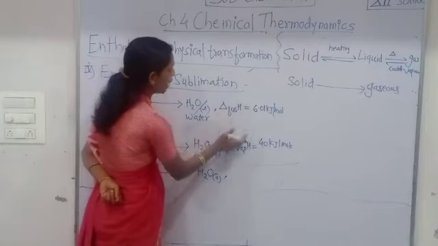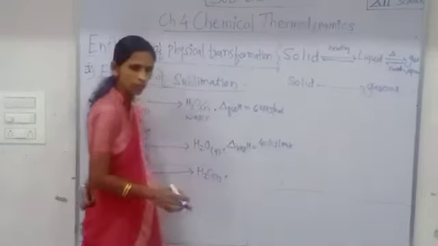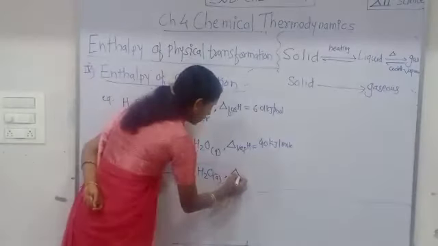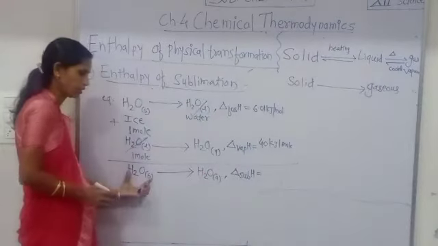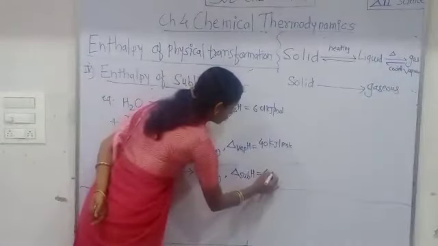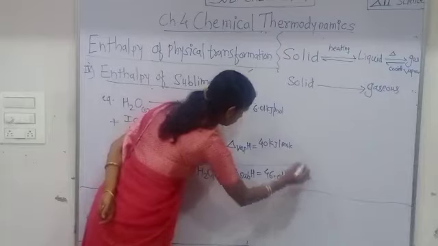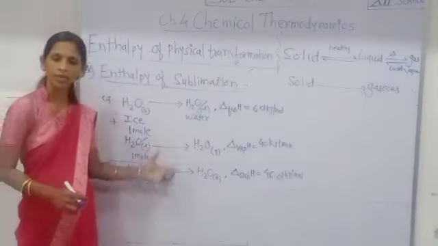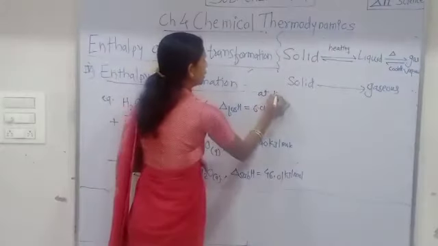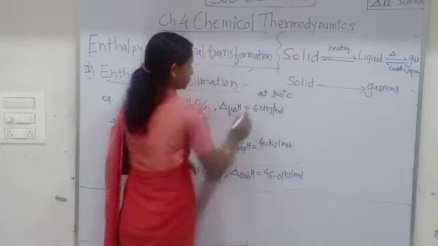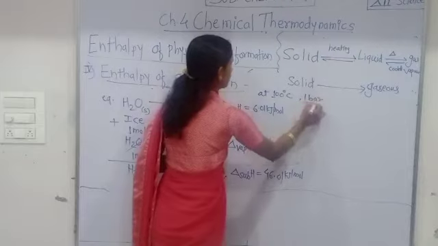Therefore we should add the enthalpy changes which are related with this process, and that is the enthalpy of sublimation of ice, 46.01 kilojoule per mole, for the process which takes place at 100 degree Celsius and 1 bar pressure.